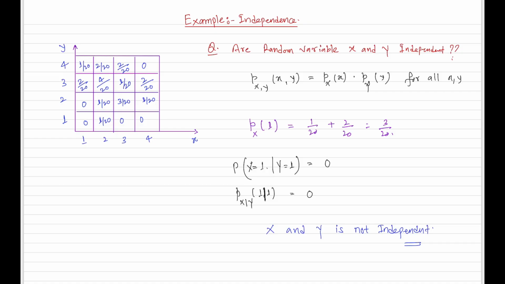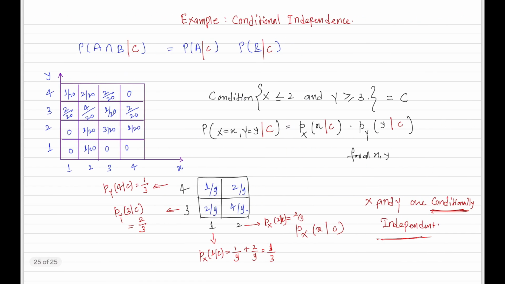It is not necessary that if these two random variables are independent in the original universe, they will be independent again under any condition.